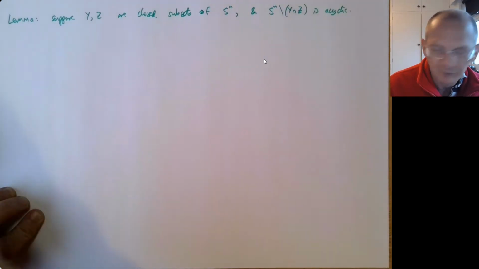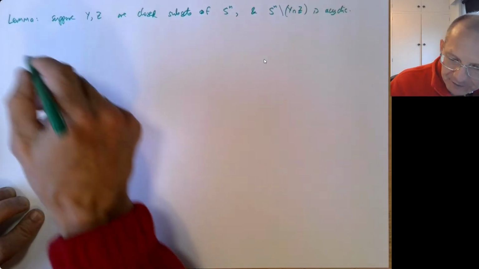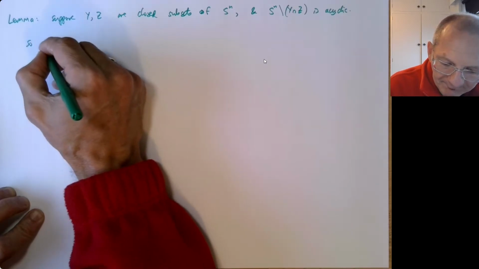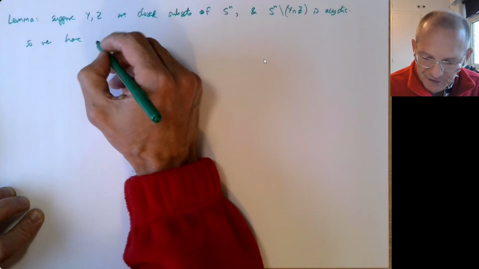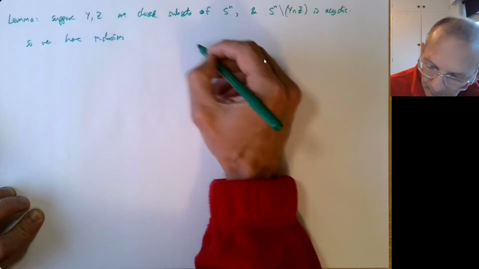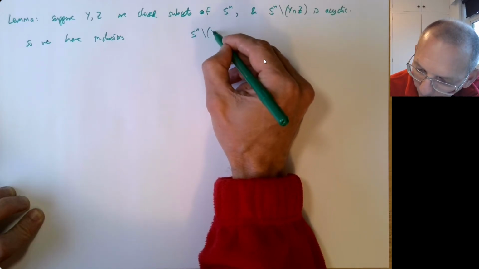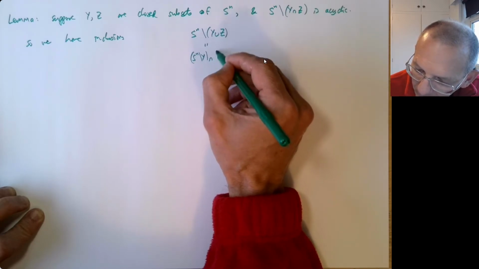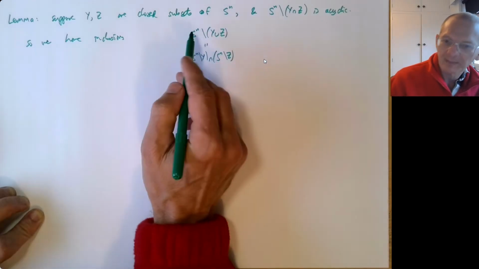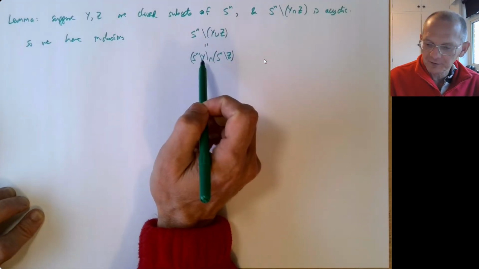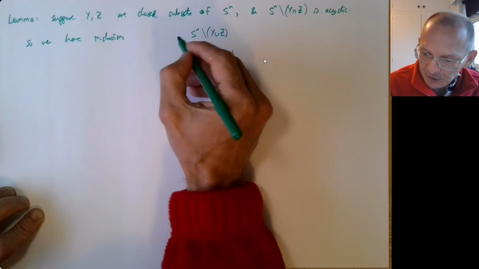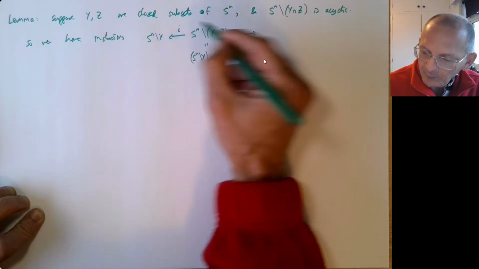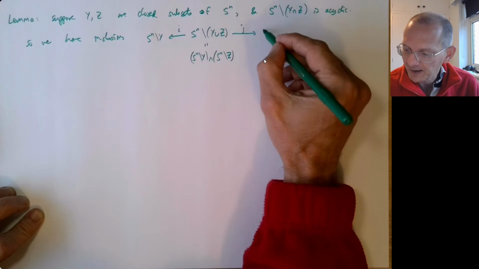But we're not going to assume that the complement of Y is acyclic, or the complement of Z. We're going to do some slightly different sort of thing. So we've got inclusions here. Remember the complement of Y union Z is the intersection of the complements, and so that has inclusions going into S^n less Y, which we'll call i, and this one we'll call j, going into S^n less Z.